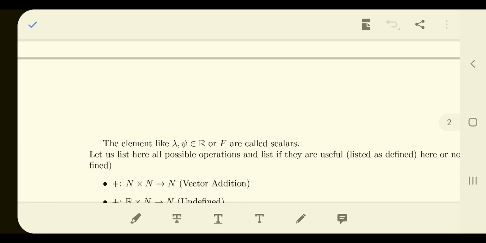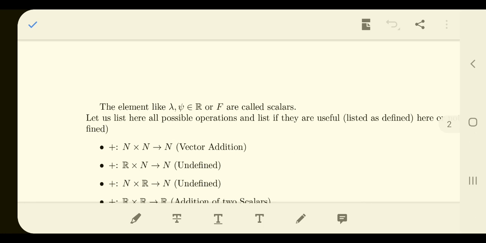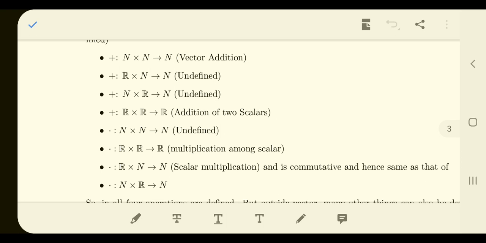Right. Let us see what the possible operations are that are used here. We have listed all possible operations with plus and dot, to understand the different operations we have used.